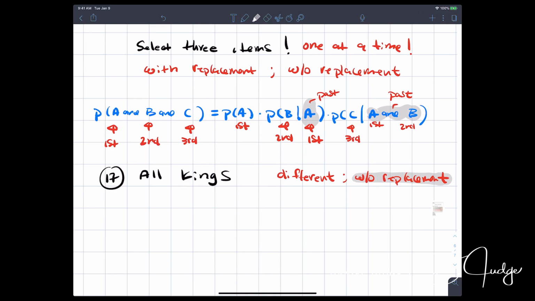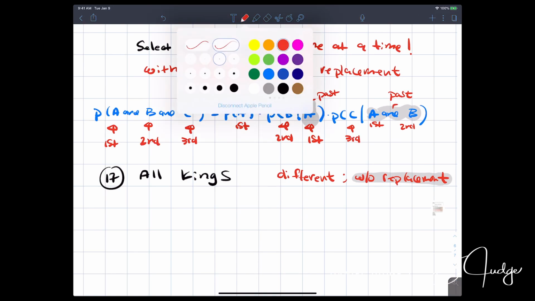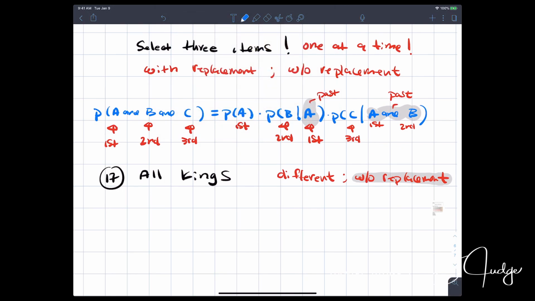Okay, now let's write down the multiplication rule for this situation, because all kings means the following. It means that the first is a king, and the second is a king, and the third is a king. So if they want to know the probability of selecting all kings, that means the first is a king, and a second's a king, and a third's a king.